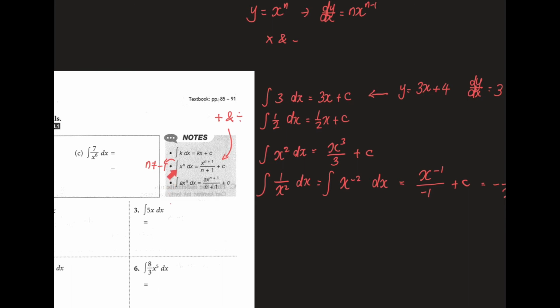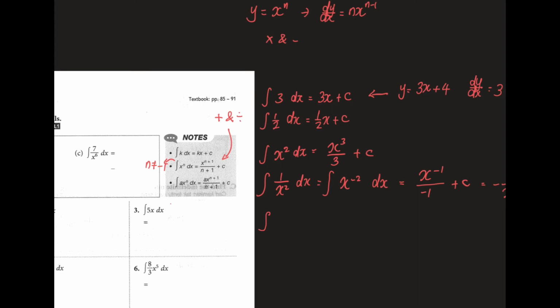Okay, so let's look at the next one, similar to the second one. Integrate ax to the power of n. Then you will get ax to the power of n plus 1 over n plus 1, plus c. So the idea is plus 1 to the power, divided by n plus 1. Divide by the new power. Okay, so let's say an example.